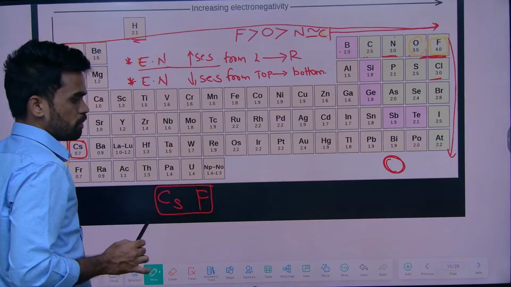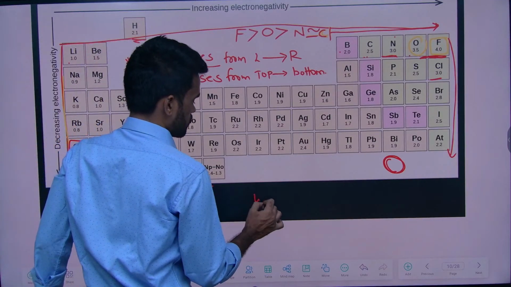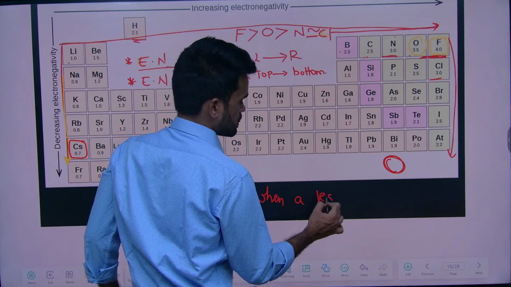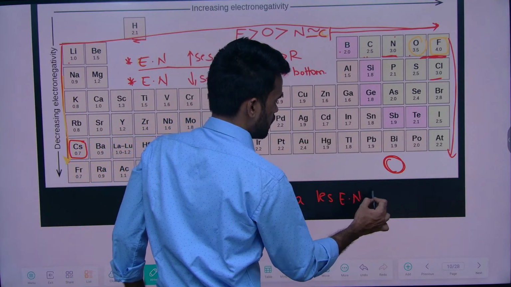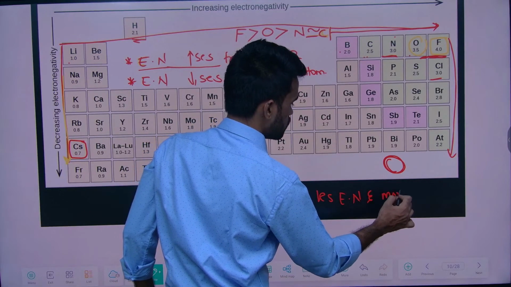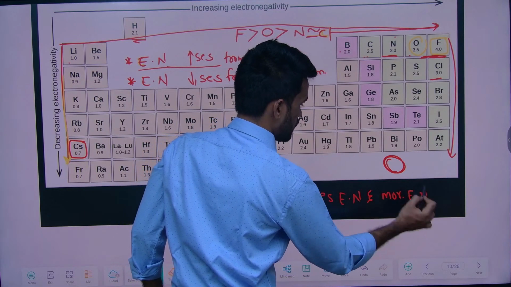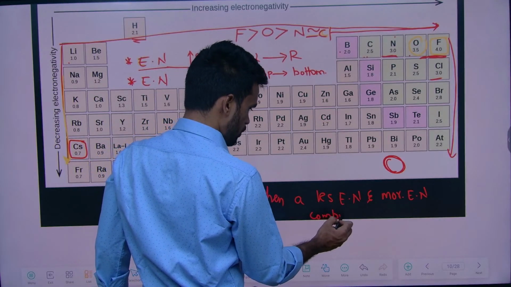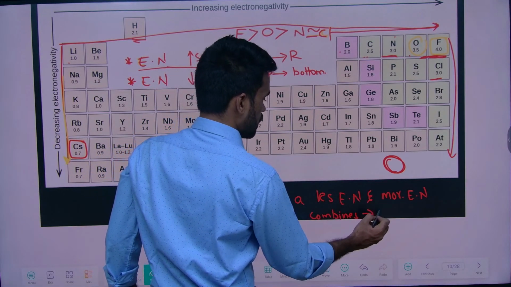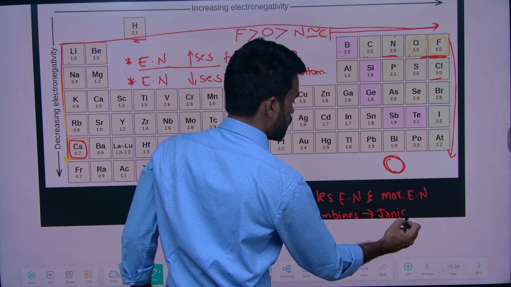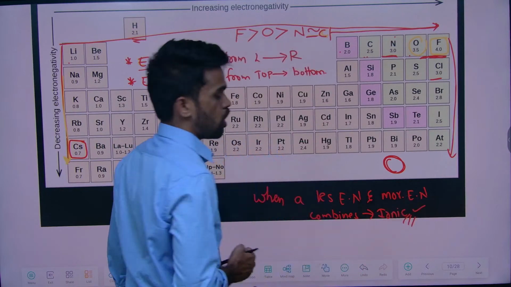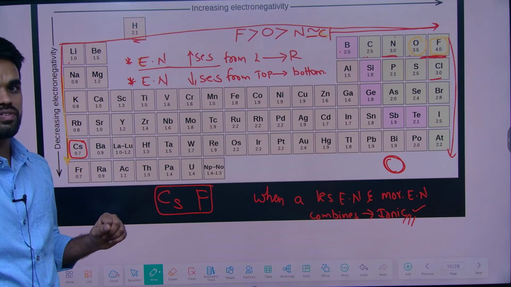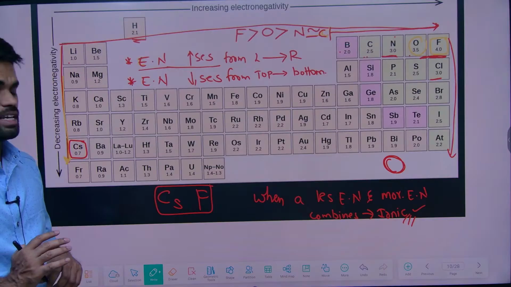Now remember, when a less electronegative and a more electronegative element combine, we will get an ionic compound, a compound with more ionic character. So what is the best example of an ionic compound that we can make here with maximum ionic nature?